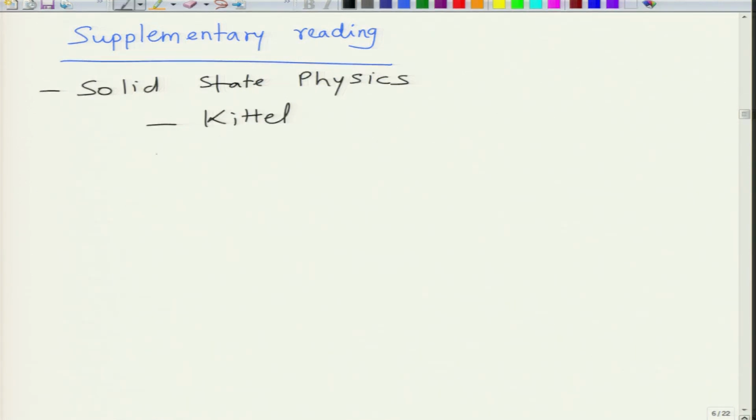This is a very famous book. Then would be A.J. Dekker. So, this is Charles Kittel, this is A.J. Dekker, and then one can also look at Ashcroft and Mermin. These are three books which will provide you good understanding of basic solid state physics of materials.